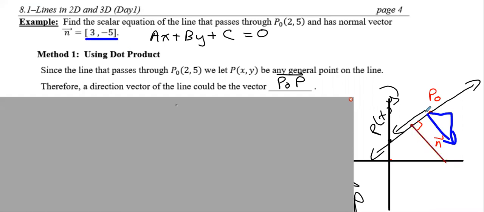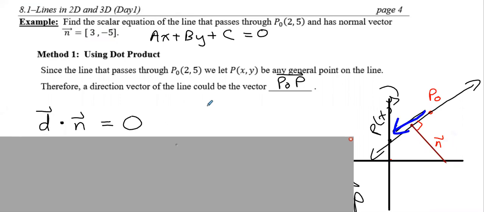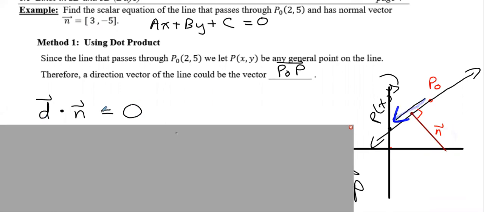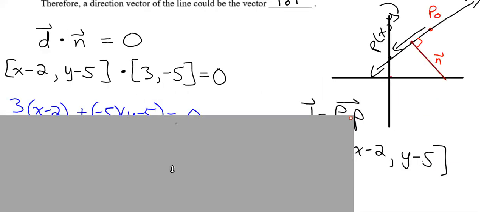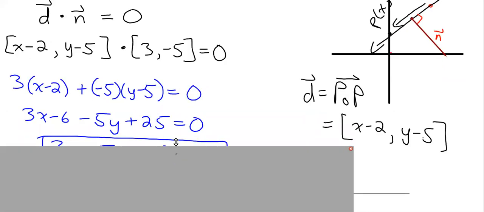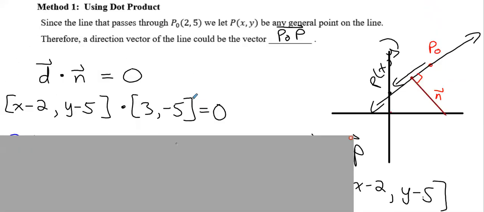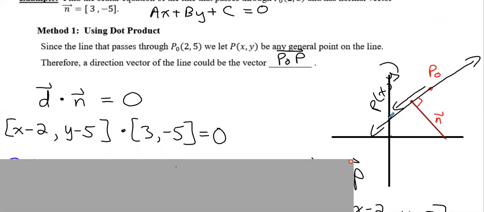But to get the equation of a line, we need to talk about something a little bit different. Now, to get the direction vector, we do know that the direction vector of the normal will produce 0 with the dot product, so we can then go ahead and solve that. And what we're also doing, to get the scalar equation, is picking a generic point P with variables x and y. So the direction vector that we're allowing to choose here is P0P, okay?